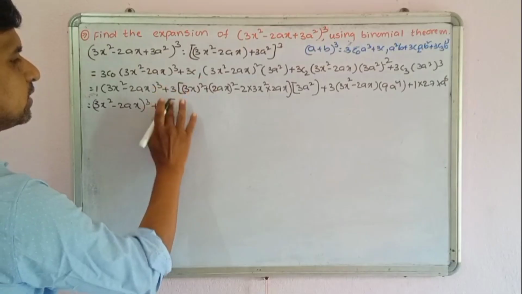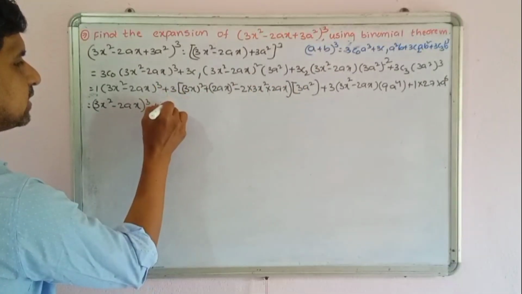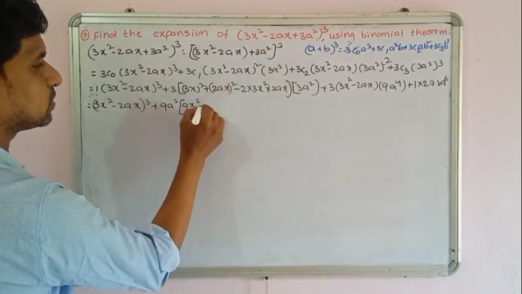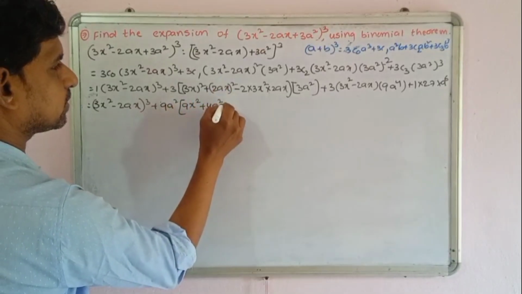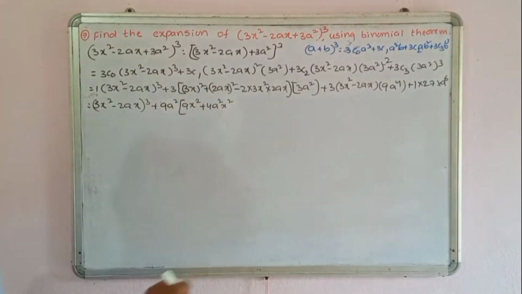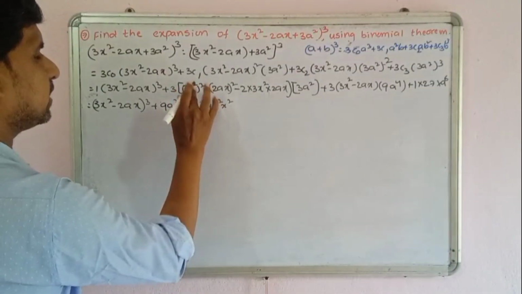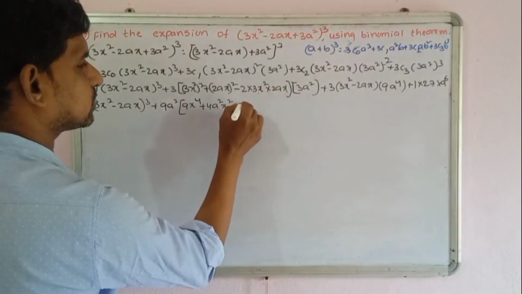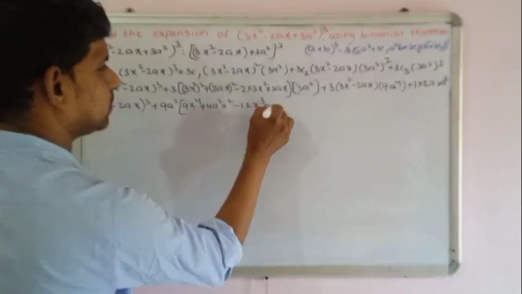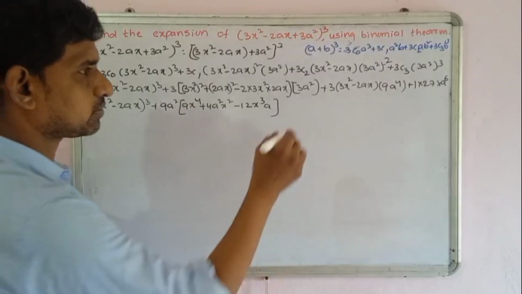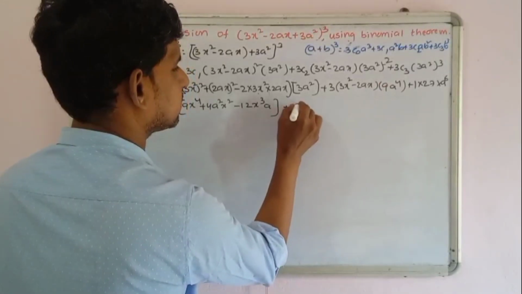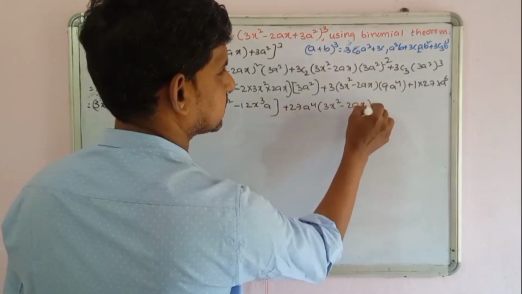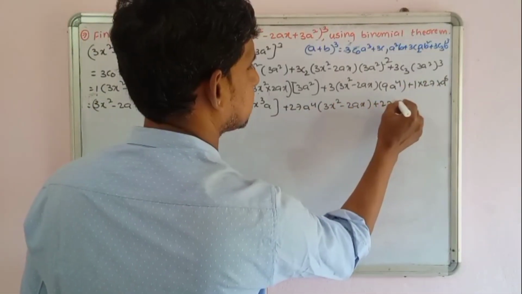Okay, do one thing: 3 3s are 9, 9a². 3² is 9x², 2² is 4a²x², sorry, this is 3x², so (aᵐ)ⁿ is aᵐⁿ. So 4a²x², 2 3s are 6, 6 2s are 12x³a. Next, 3 9s are 27a⁴ (3x² − 2ax). So 27a⁶.